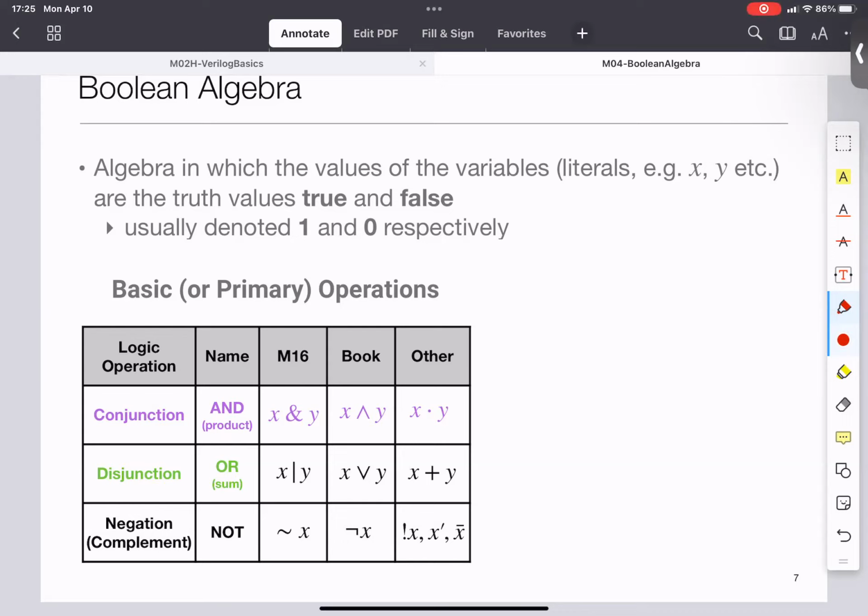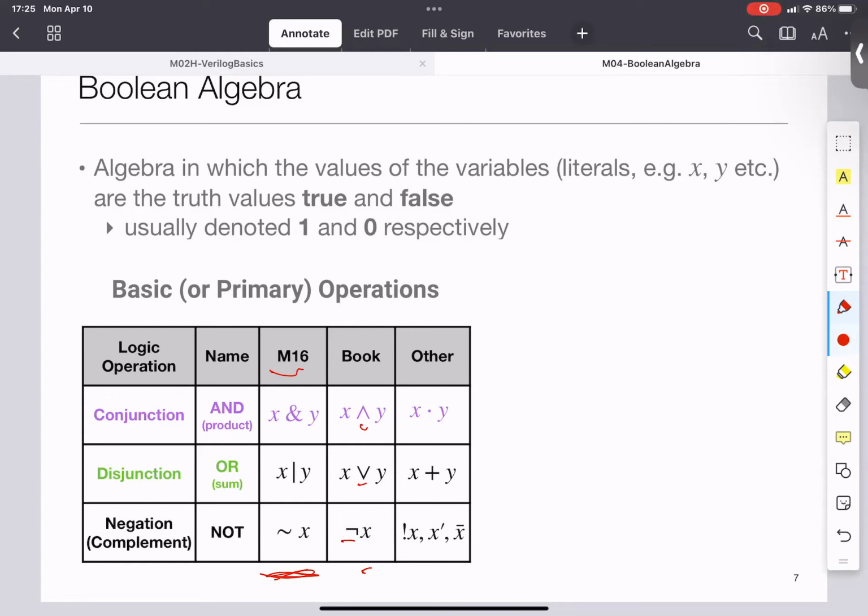They are written in these terms. For our course, we are going to use ampersand for AND, the vertical bar for OR, and the tilde sign for NOT. The book uses a different notation, which is more from the formal logic side of things. Unfortunately, these symbols don't really exist on our keyboard, so I want to stay away from those.